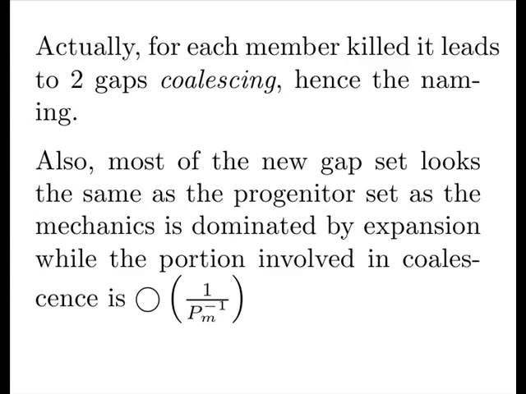Actually, for each member killed, it is the two gaps coalescing, hence the naming. Also, most of the new gap set looks the same as the progenitor set, as the mechanics is dominated by expansion, while the portion involved in coalescence is order 1 over our current first minor prime number.